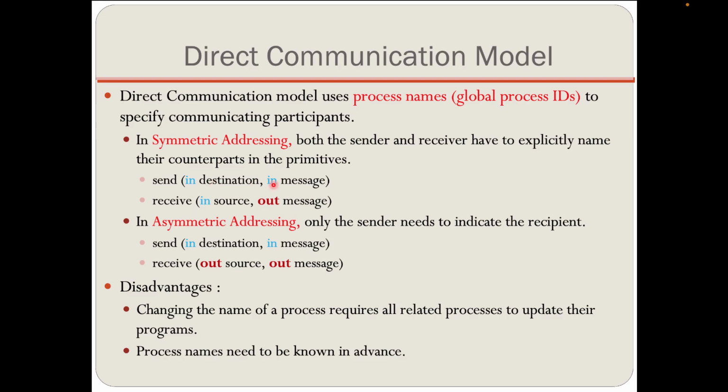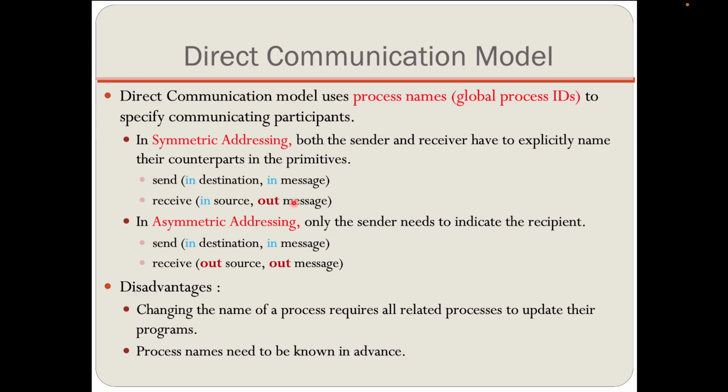Here ins means they are input arguments. On the receiver side, they need to specify where the message should come from, so they need to specify the source address. But because it is a receiver, they need to declare a return buffer, so the message will be an output argument. After this receive returns, the message will contain the arrived message.